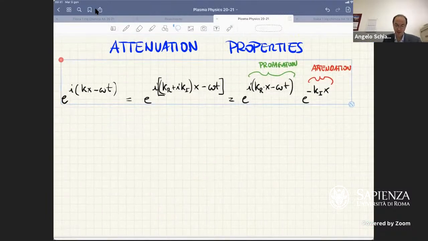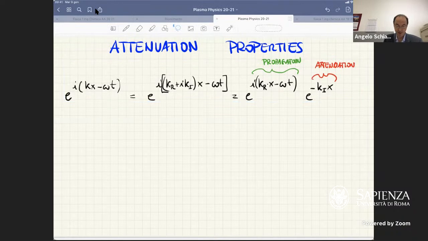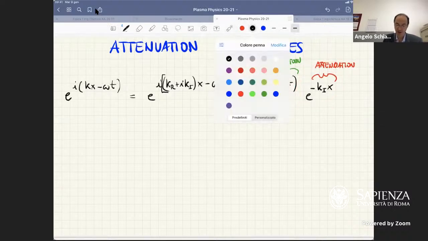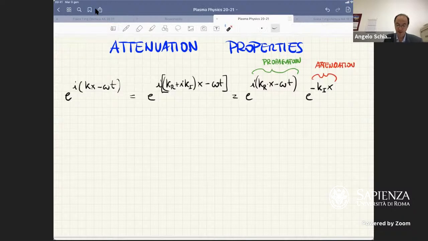The important thing is that we have the complex exponent of our wave. We split the exponent into two terms: the oscillating part is the propagation, and now we want to focus our attention on the attenuation. Remember that this is the way the electric field oscillates.